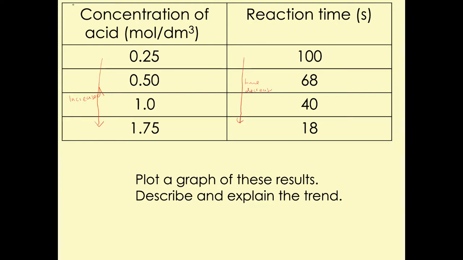And because the time's gone down, remember if we think back to our first slide, if the time's gone down, the reaction's got faster, and that means that the rate of reaction has increased. That's what we would expect, because as we said, as we increase the concentration, we've got more particles in the same volume. So therefore, we've got more frequent collisions.